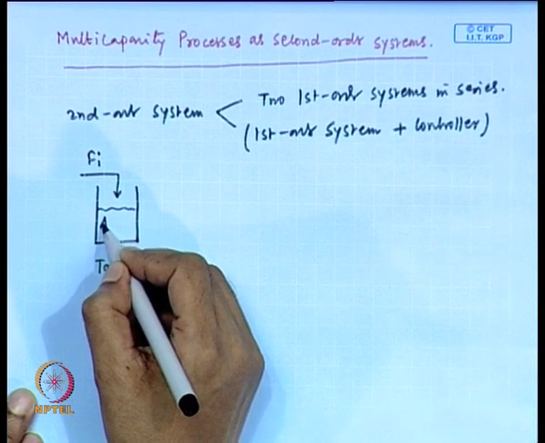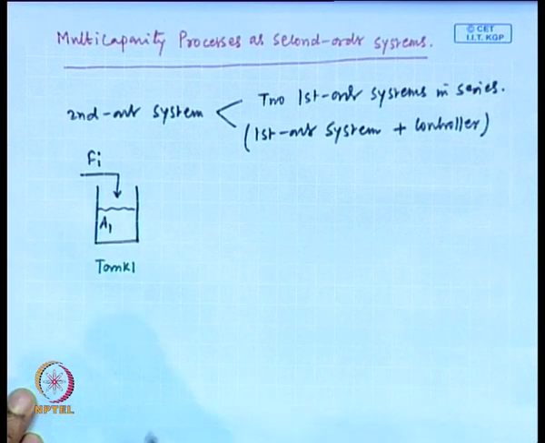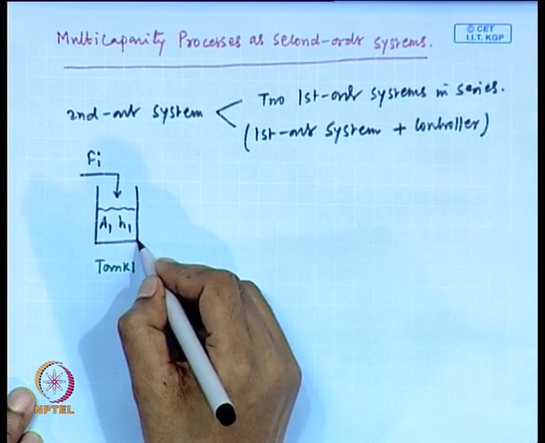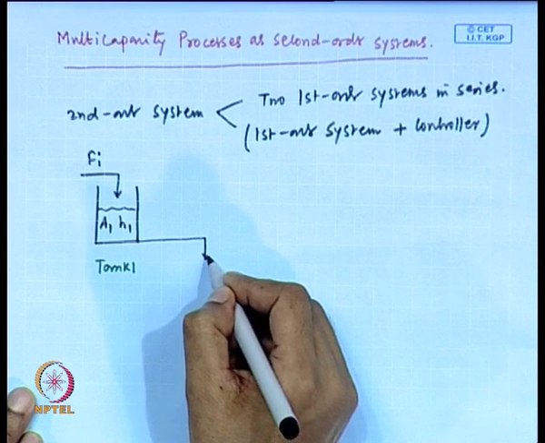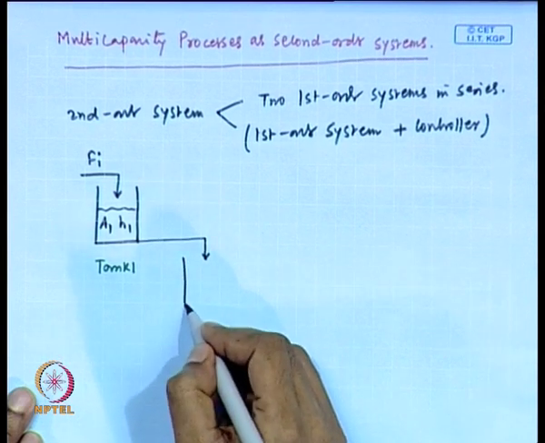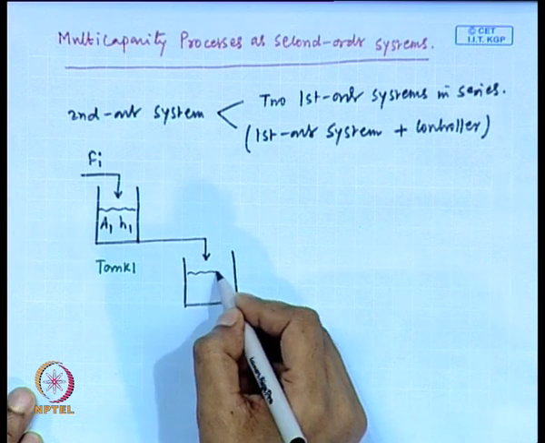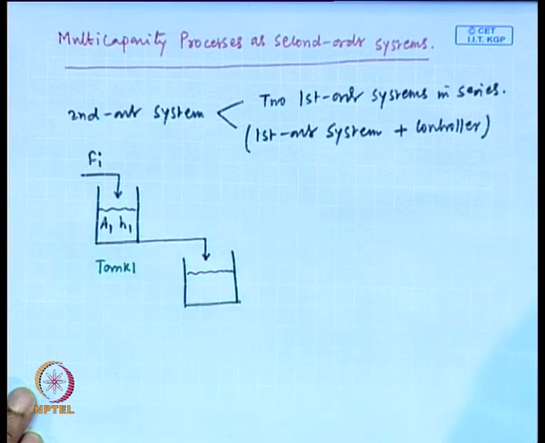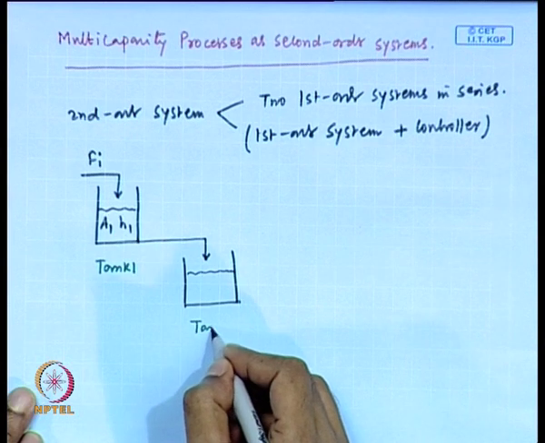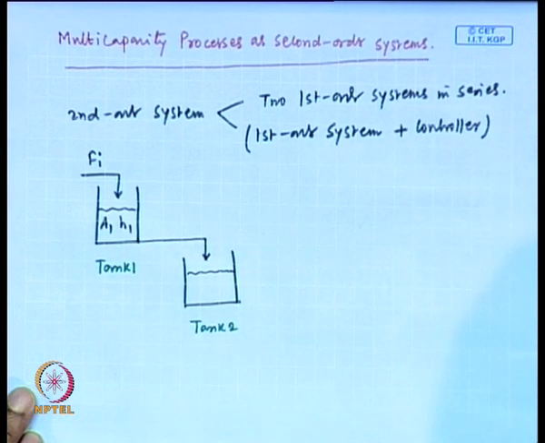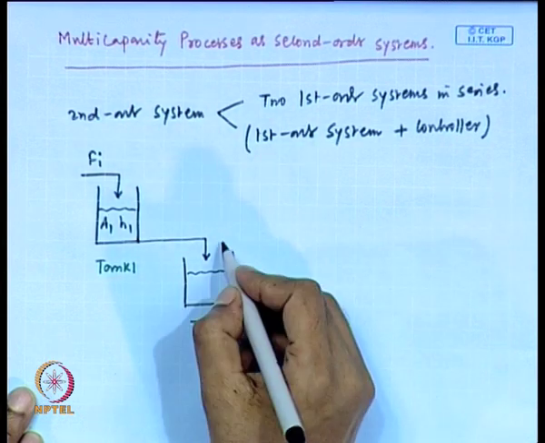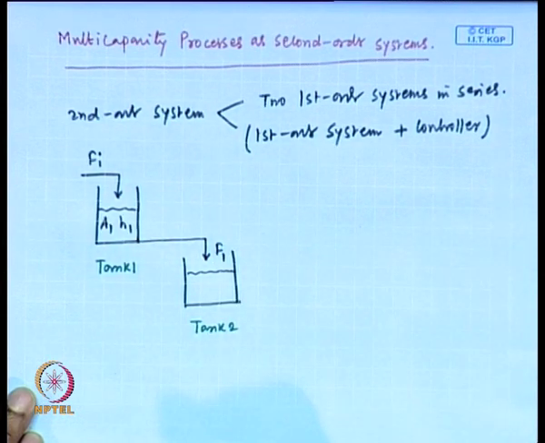Cross sectional area is suppose A1. Height of liquid in the tank is suppose H1. The output of tank 1 enters tank 2. This is tank 2 and this flow rate is suppose F1.